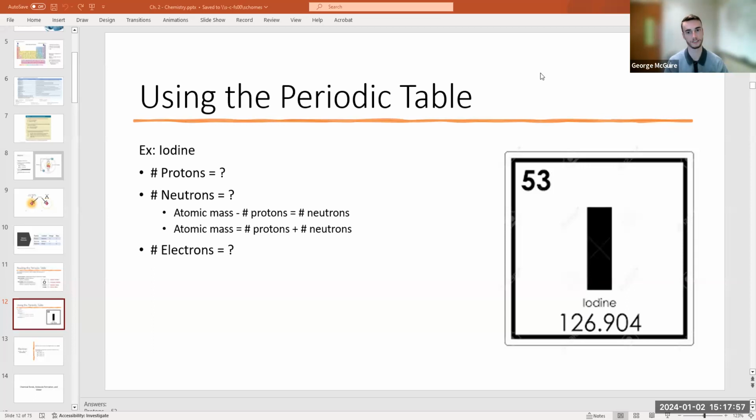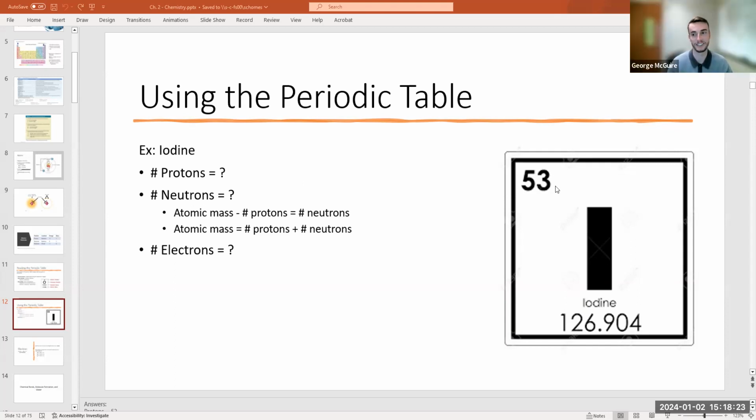I see a lot of people have stopped writing, so we'll go ahead and jump into this. So would anyone be willing to share how many protons are in one atom of iodine and how they figured that out? You said protons, right? Yes, protons, please. Well, I would just look at the top left-hand corner and 53, as it wouldn't be iodine if it was anything different, I believe.